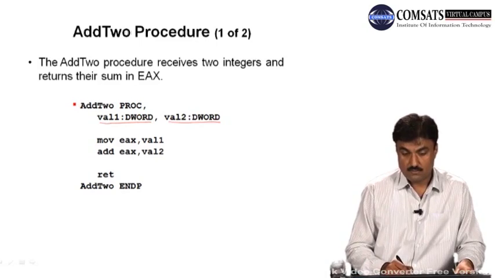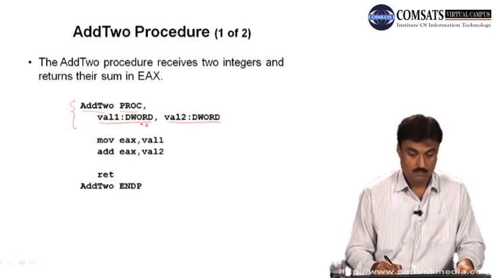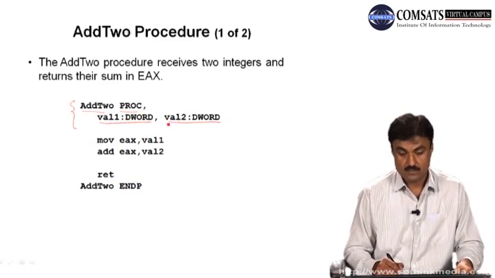So this procedure will receive two parameters, val1 and val2: the procedure name, then the procedure directive separated by commas, then the val1 parameter and its type, and so on.